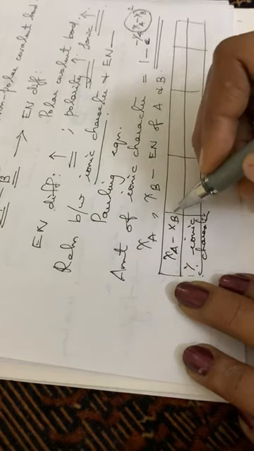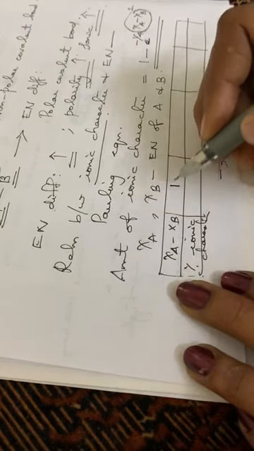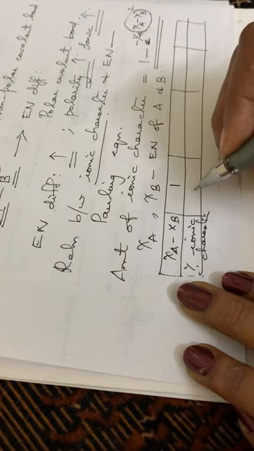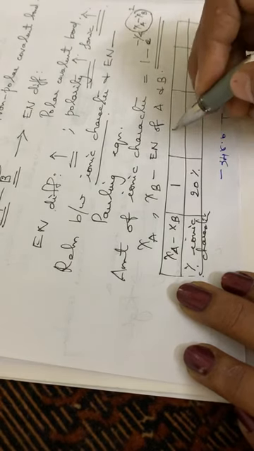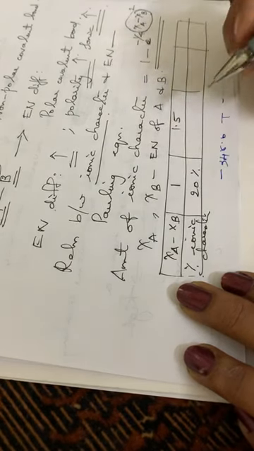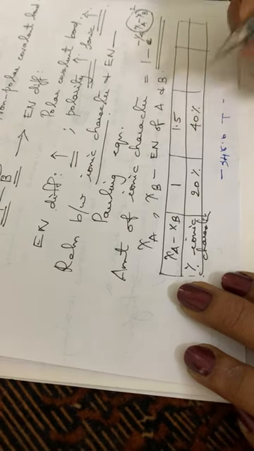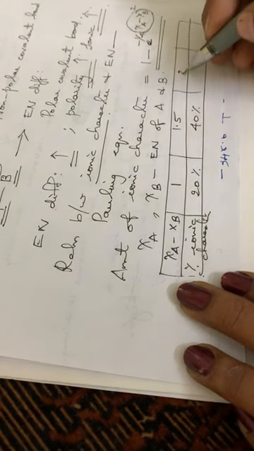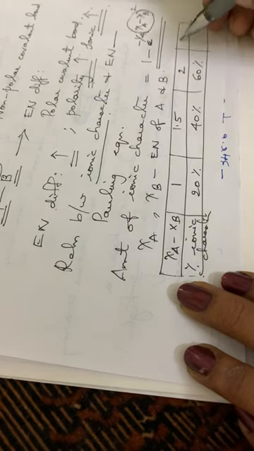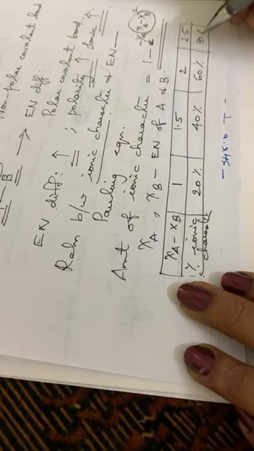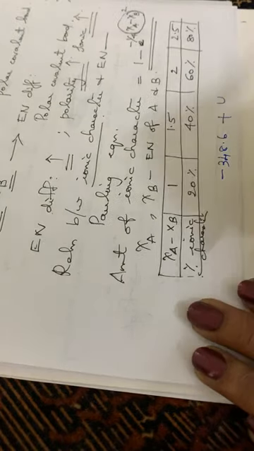So if the chi a minus chi b difference, or the electronegativity difference, is 1, then that particular bond will have 20% ionic character. Okay, if the electronegativity difference is 1.5, then the bond will be 40% ionic. If the electronegativity difference is 2, the bond will be 60% ionic, and if it is 2.5, the bond will be 80% ionic.